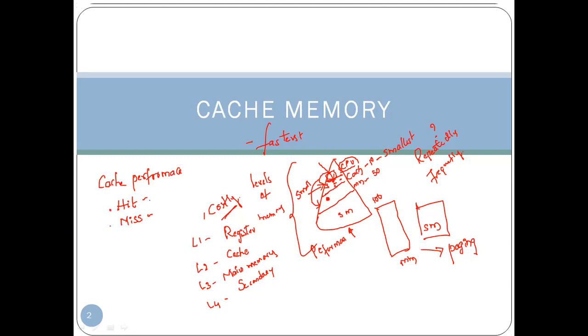Suppose the CPU wants some instruction, first it is going to fetch in the cache memory. If that particular instruction is available in the cache, we say it is a cache hit. If the instruction is not available in the cache, we say it is a cache miss.